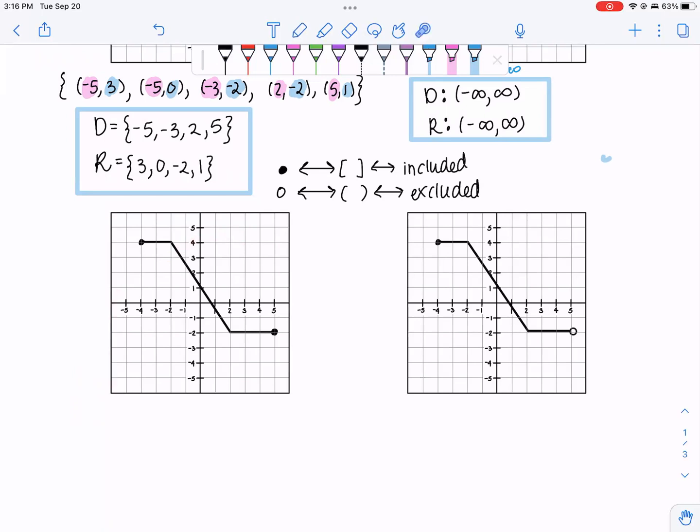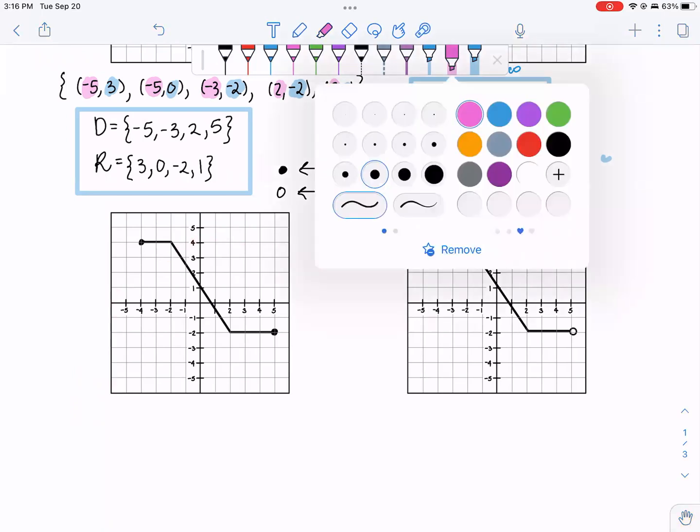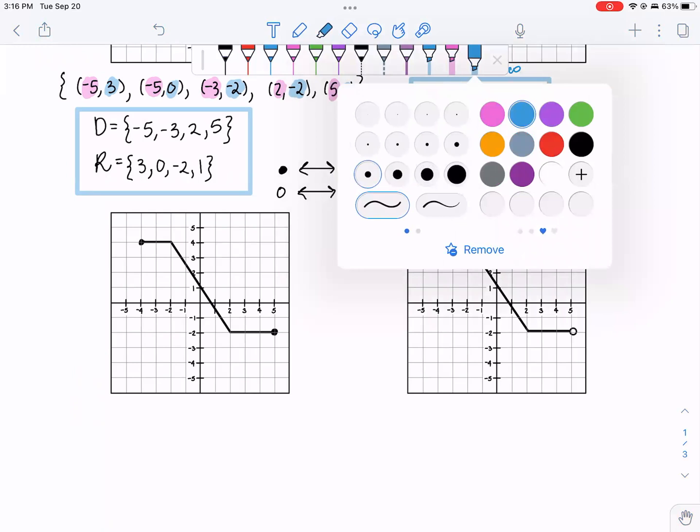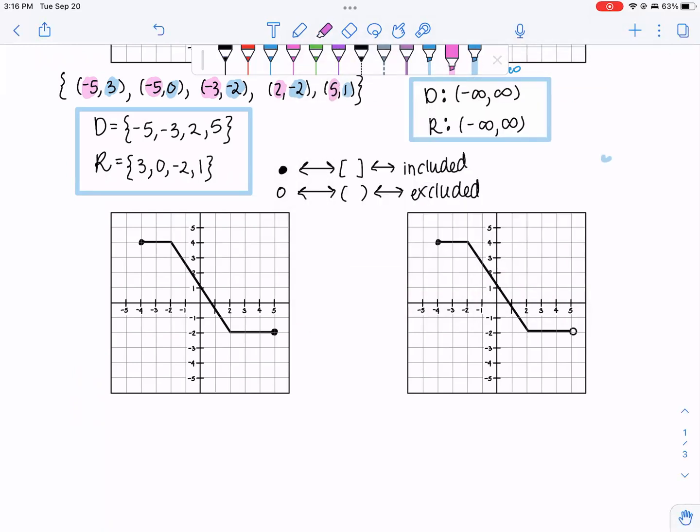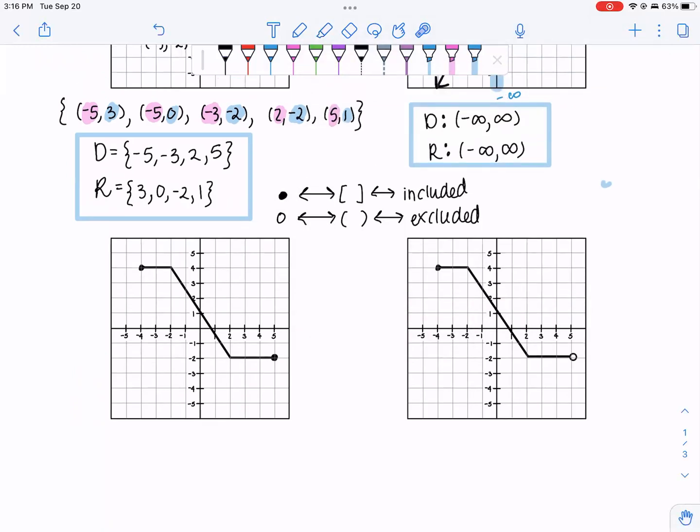So looking at this graph right here, there's this point right here. This is the point -4, 4. This down here is the point 5, -2. All the points from here to here will have x values that range between -4 and 5, right?